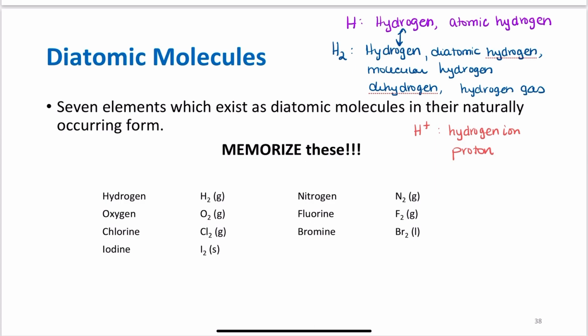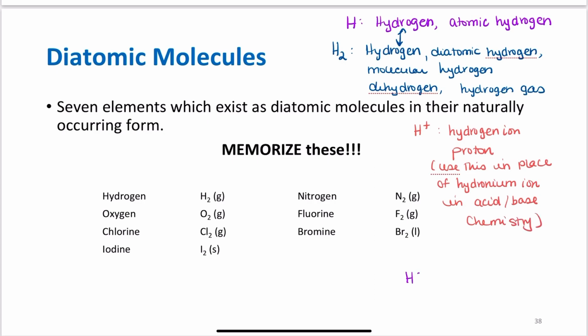And in second semester, we're going to use this in place of the hydronium ion in acid-base chemistry. Lastly, you could have H minus, which we call hydride.